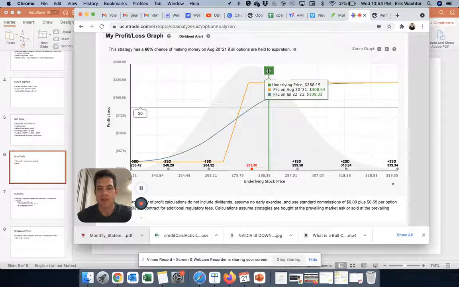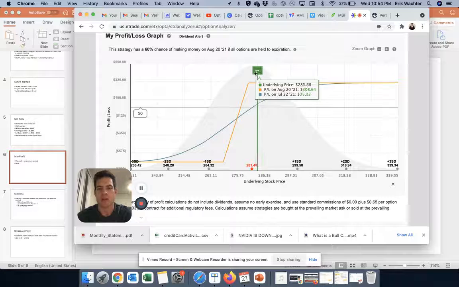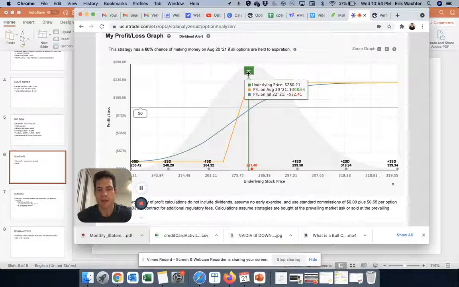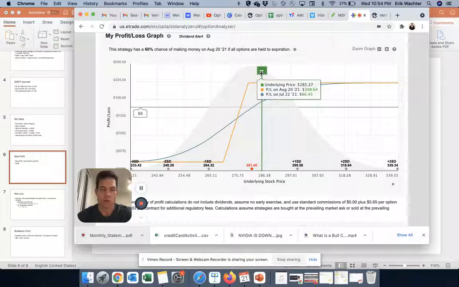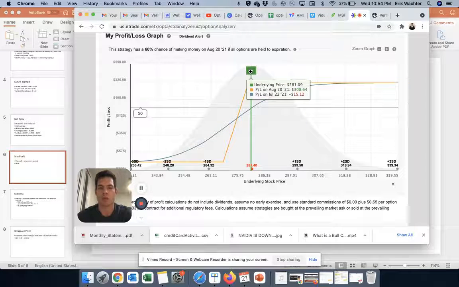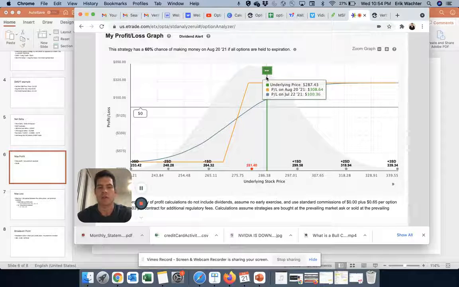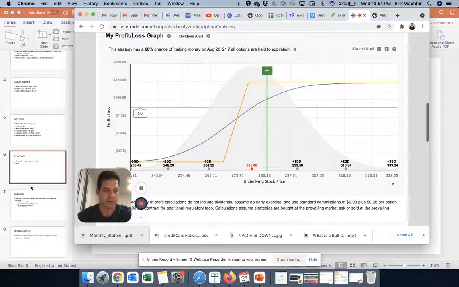That's the max profit we can have, if the stock price stays above 280 and the contract expires worthless. Because we're short, we want our contract to go down in value to zero. If it goes down to zero, we'll receive the total net credit, $308.64. Okay, so that makes sense, I think.